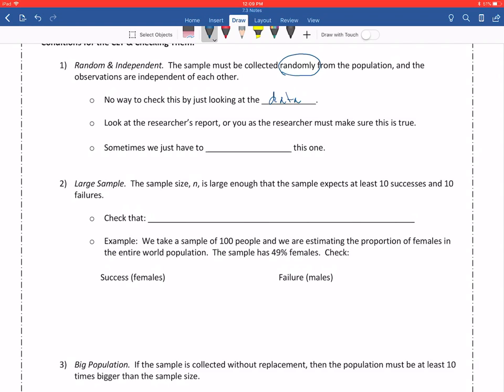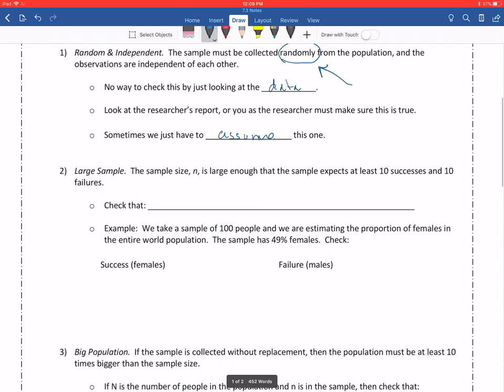So you need to either have the researchers say so, or you as the researcher would have to make sure that it was. Every once in a while, you might have to just assume this one in order to continue, but most of the time, we're just looking for that keyword. As long as that's present, we can check that one off our list.